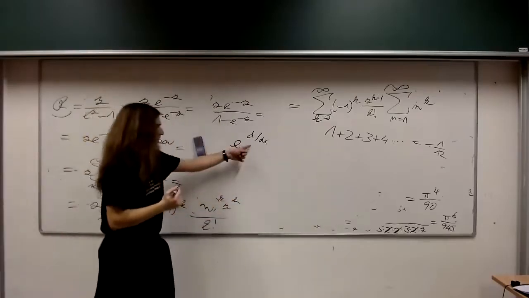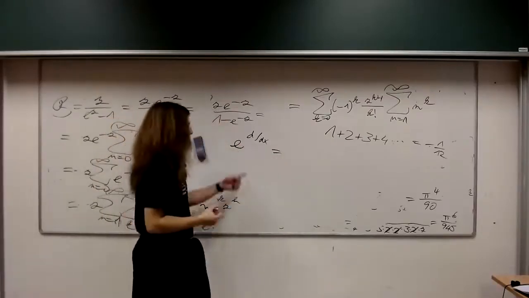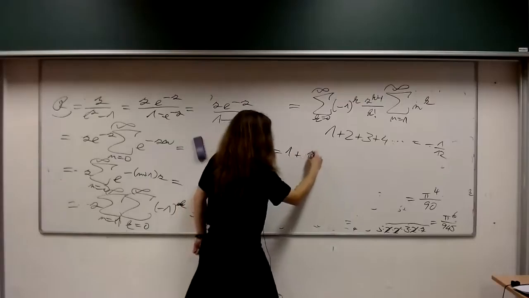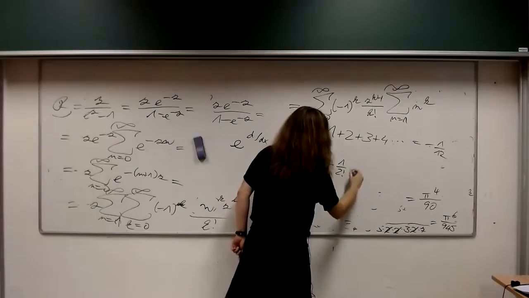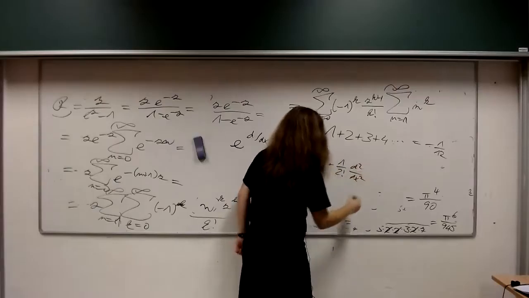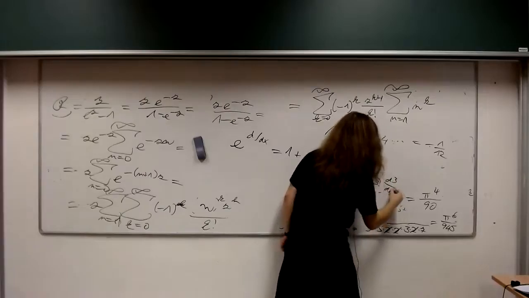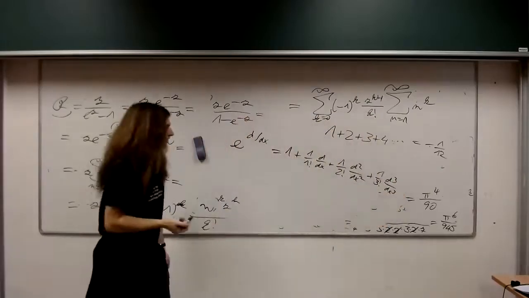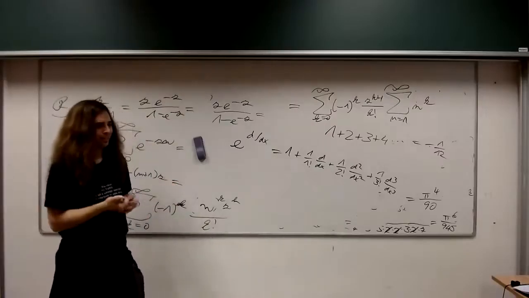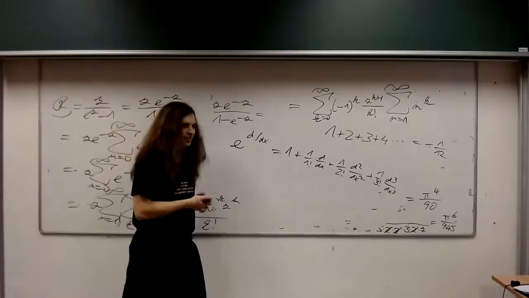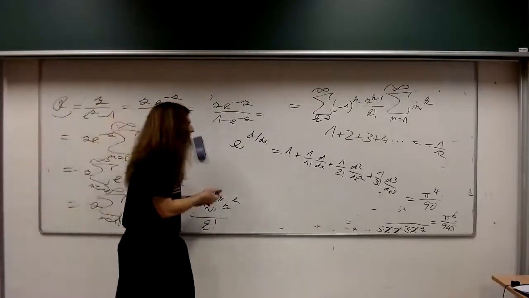If we write this exponentiation as a series, we get 1 plus 1 over 1 factorial d/dx plus 1 over 2 factorial second derivative and so on. As you can see, we are getting the Taylor series, and that's nothing that would surprise us, because the Taylor series is exactly what this does. We just take the function and step a little bit to the side.